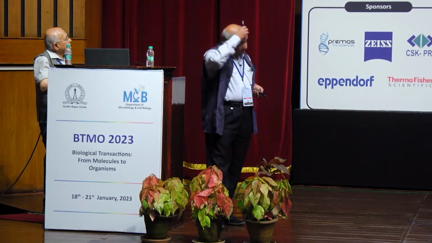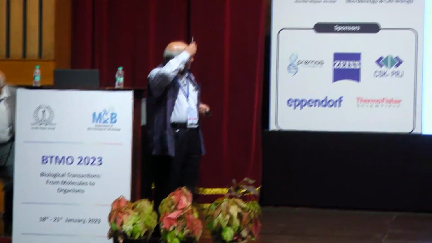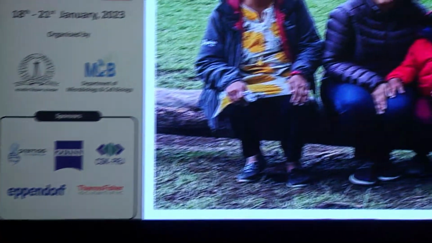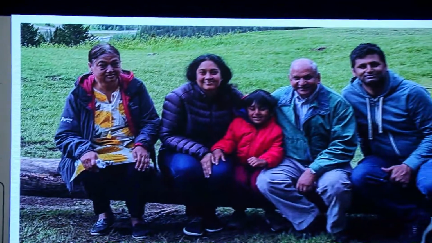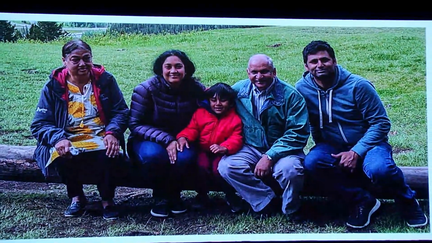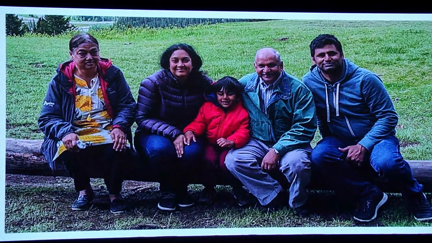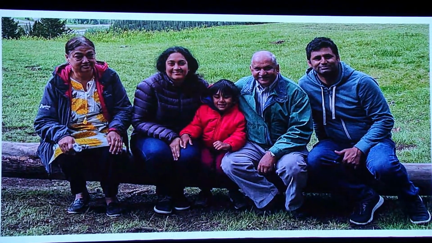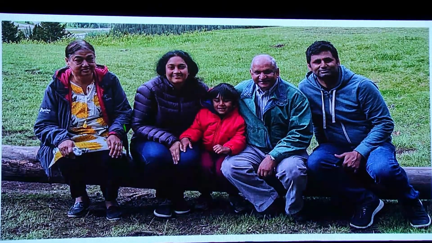This is my family, always very supportive. Archana takes care of everything and leaves me completely alone. She's also responsible for bringing me here, actually. If she had not looked for the position at IISc, I would be wherever I was.